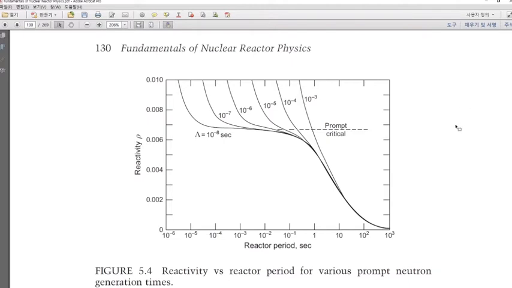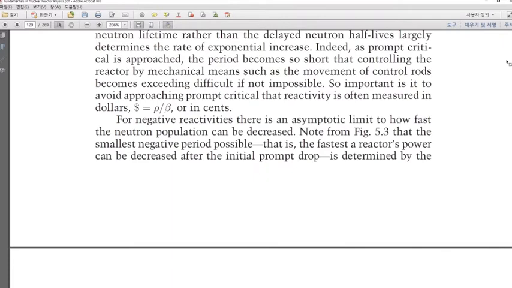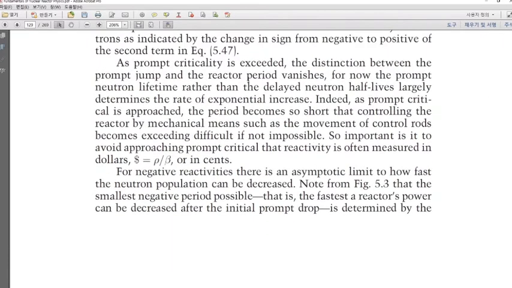So to indicate how close the reactivity reaches prompt criticality, I'm currently talking about the prompt criticality on page 129.